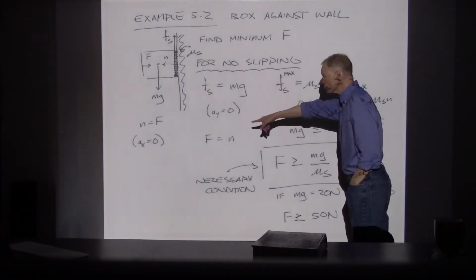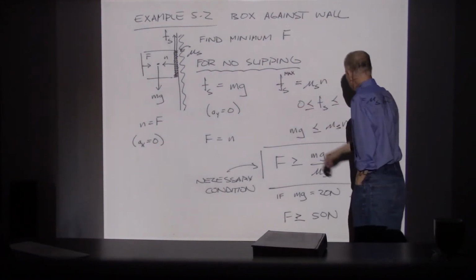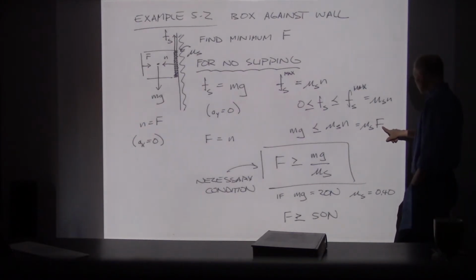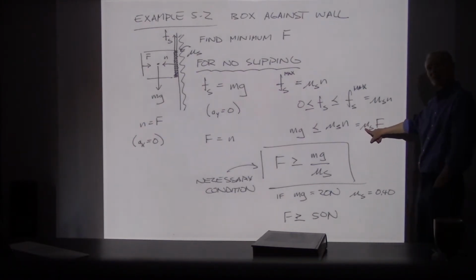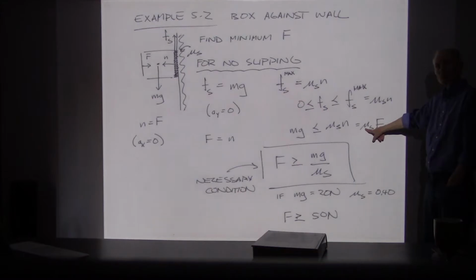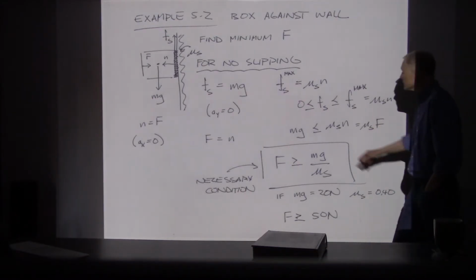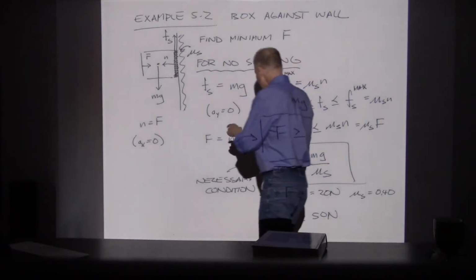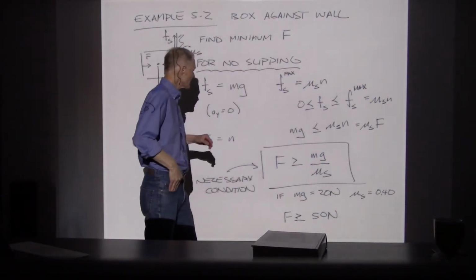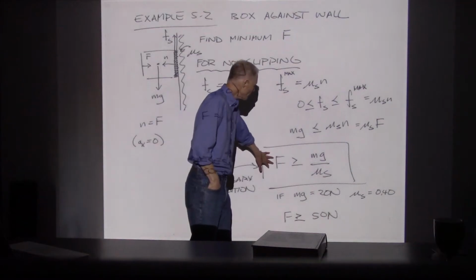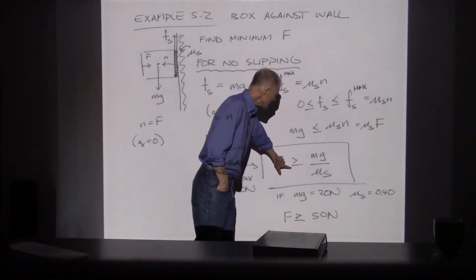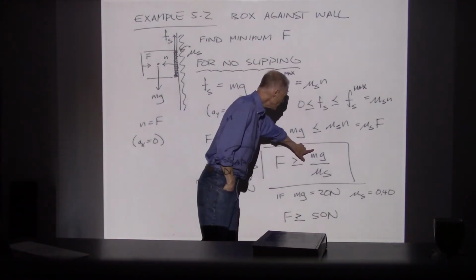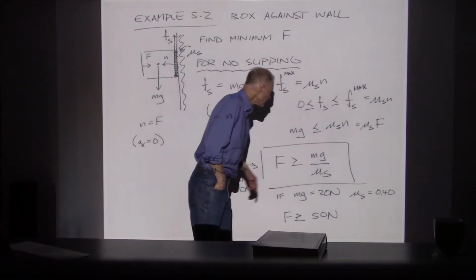Well, the force I'm pushing with is equal to n. So the force I'm pushing with times the coefficient of static friction for the object needs to be at least as large as mg. So this is the necessary condition such that the book does not slide. The force I'm pushing with needs to be at least as large as mg divided by mu sub s.